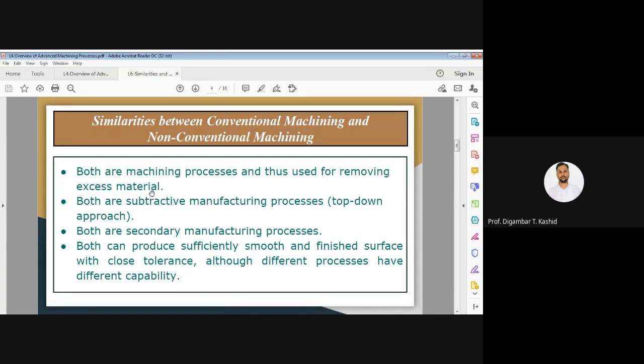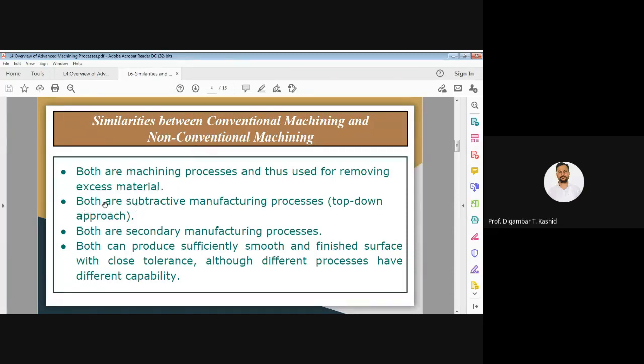The first similarity is that both are machining processes, and thus both are used for removal of material from the workpiece, removing the excess material.